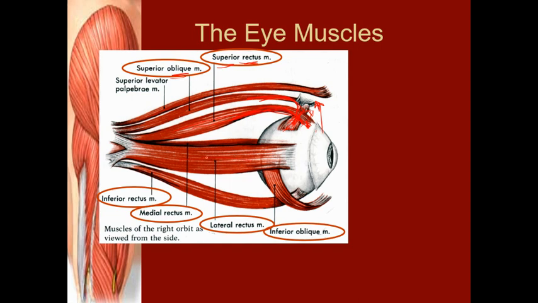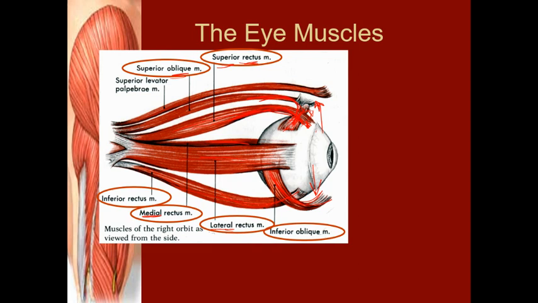Right and left movement would be these rectus muscles on the side. The one towards the nose is the medial rectus. The one towards the outer portion of your face would be the lateral rectus. And then on the bottom, I have an inferior rectus that moves the eye down, and one that goes at an angle across here, the inferior oblique, that again moves the eyes at different angles.